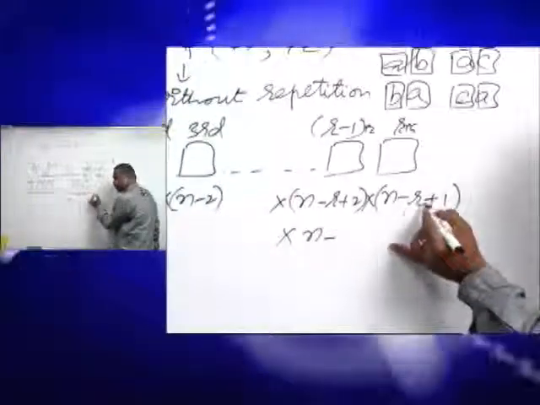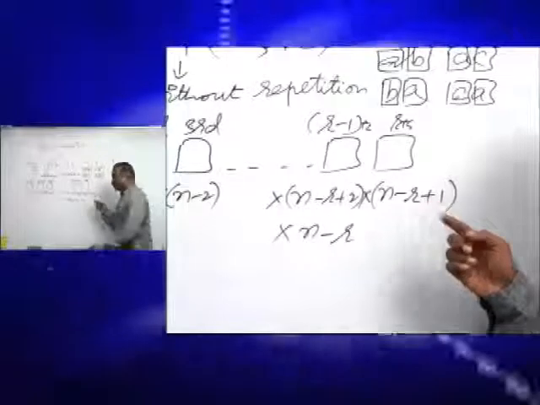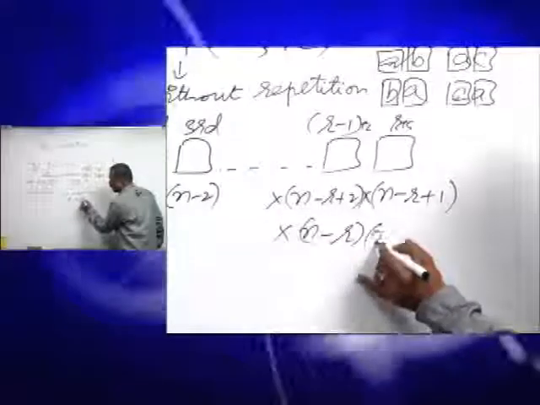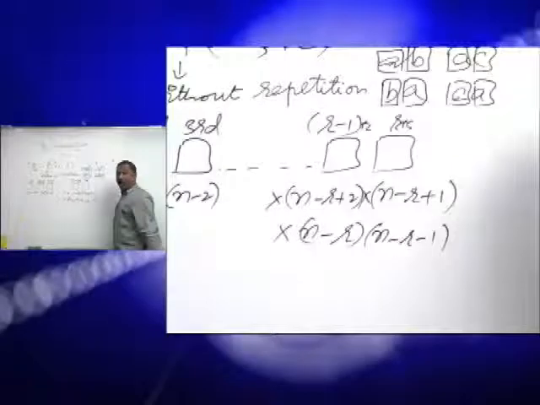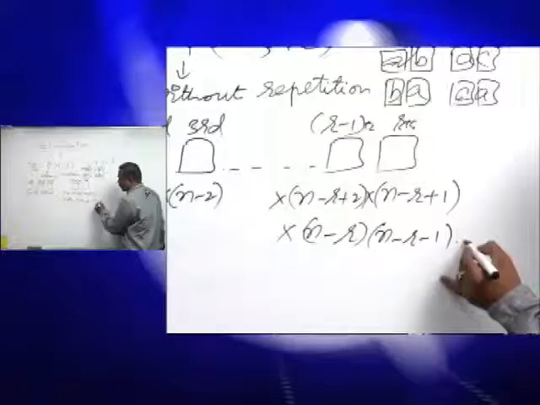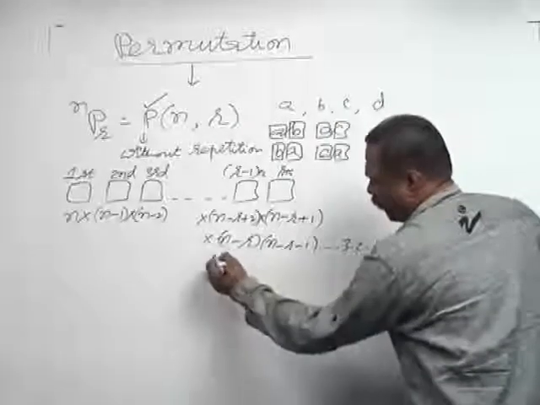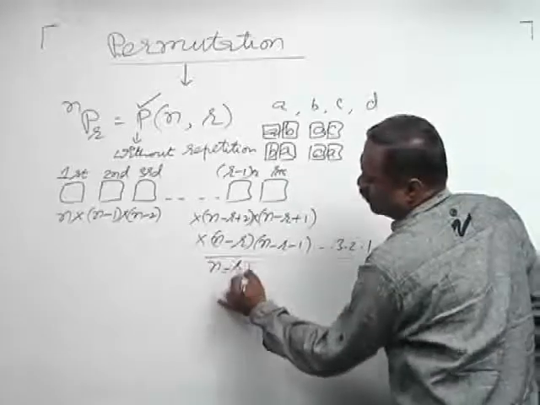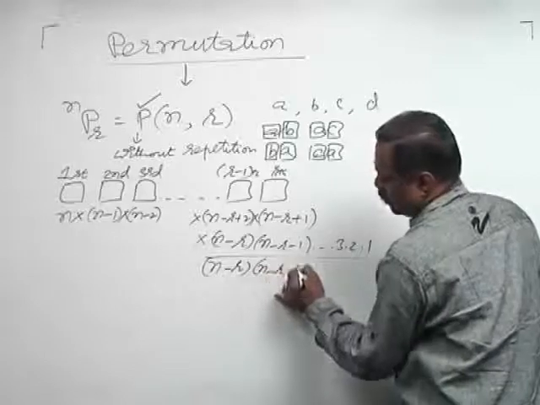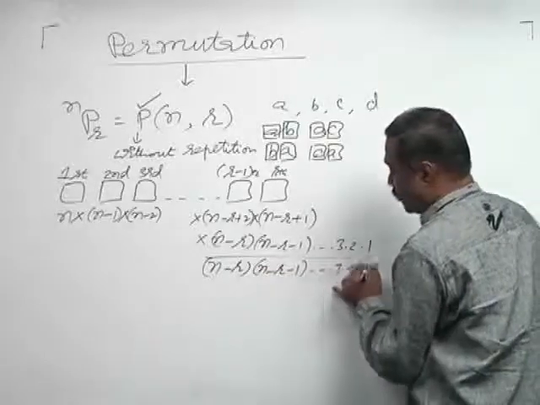The next term to this is N minus R. And the next term to this is N minus R minus 1. And so on. To complete the factorial, we multiply with this term and we divide with the same term. It is just to complete the factorial.